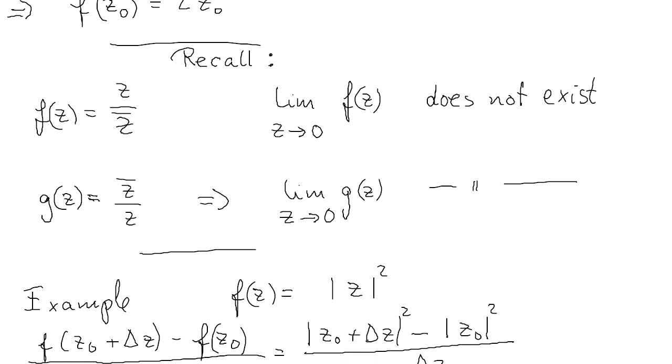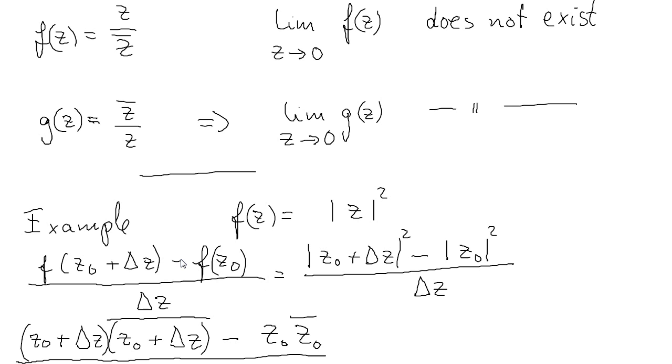So, with this in mind, consider the following example. f(z) is equal to the absolute value of z squared. In this case, we must show that the limit in the definition of the derivative does not exist.